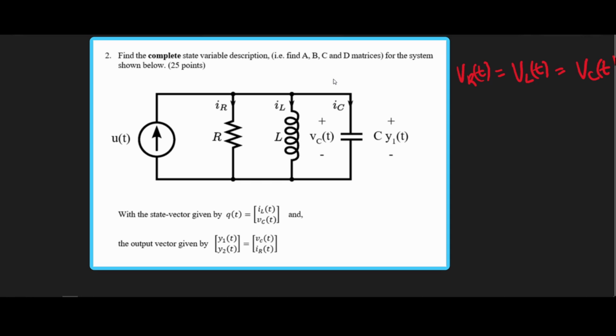We use KCL to write an equation for the currents through the components. So we got u of t, the current source, is equal to the sum of the currents through the components.